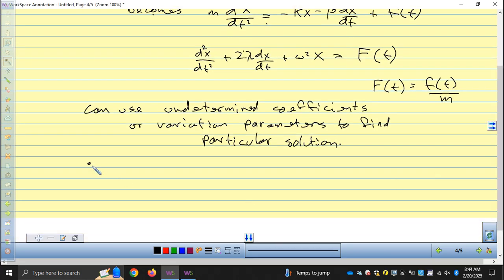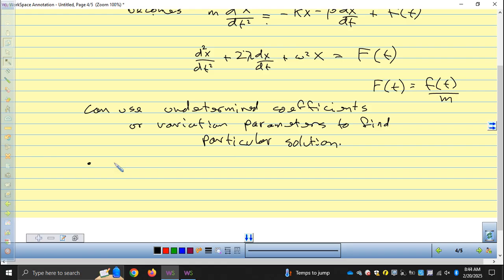So really the solution of this depends on what our driving force is. The complementary solution is one of those 3 options that we just talked about. And then we're going to have a particular solution that depends on this driving force.